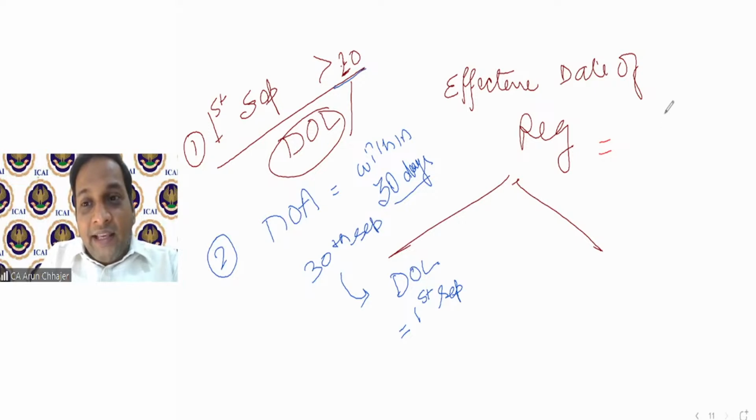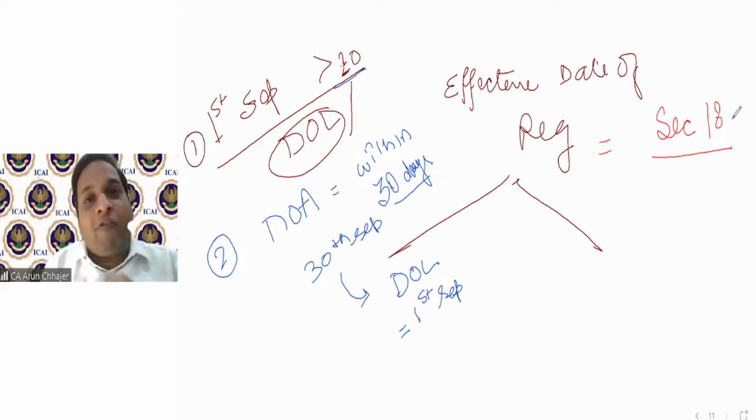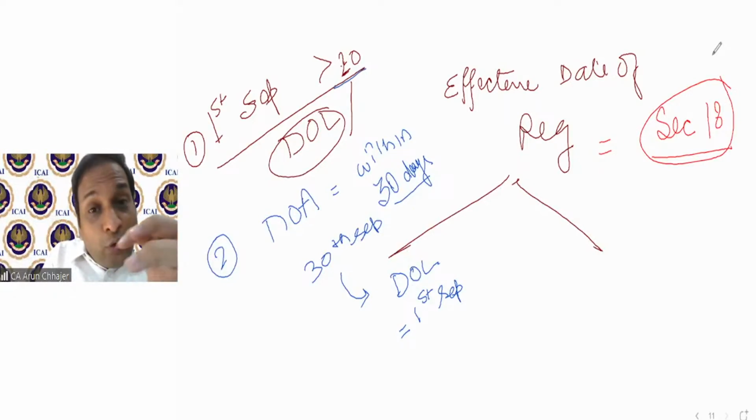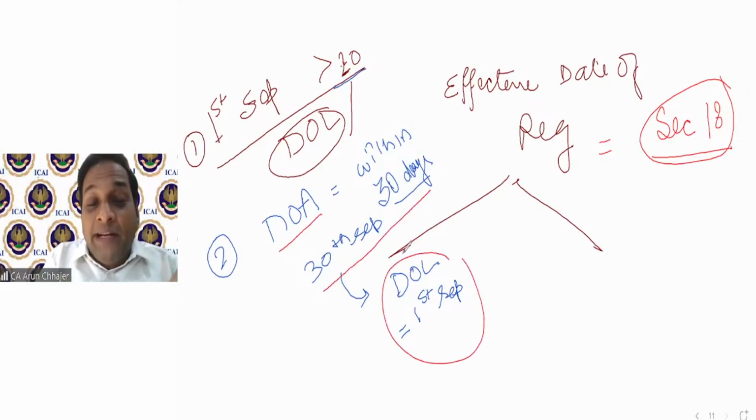Again, in section 18 you will understand the concept, the linking of ITC with the effective date of registration. So just wait for that time. We are going to read that provision also. But only one thing I would like to tell you, that if your application is within 30 days, then the date of liability would be the effective date of the registration.